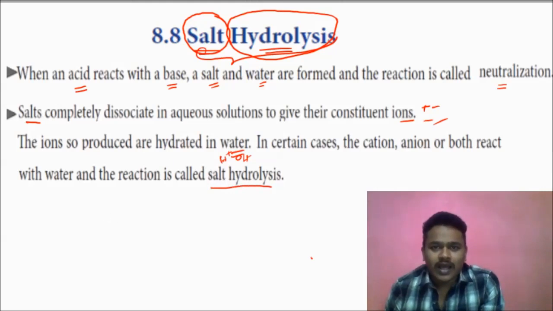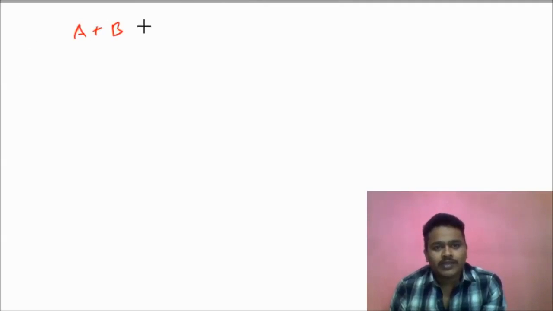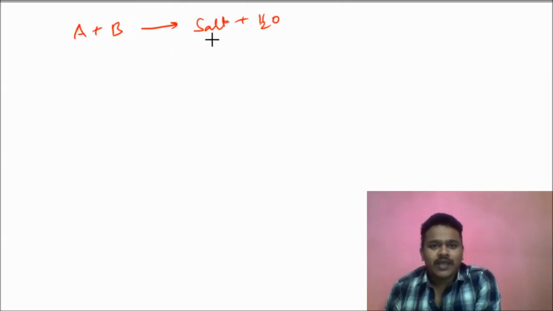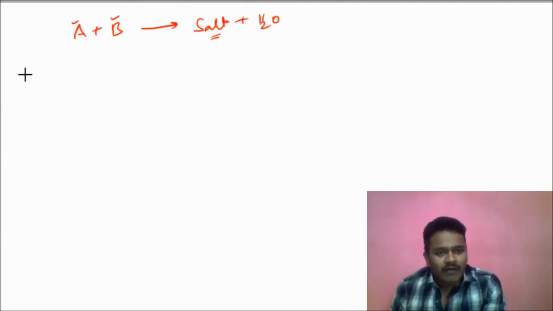I will discuss a little bit. Again, salt means one acid and one base, both giving salt and water. Salt hydrolysis I want to study. Here, a salt is the combination of one acid and one base. How many types do we have?